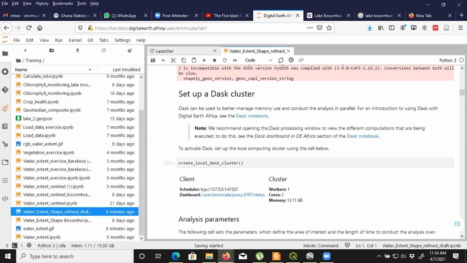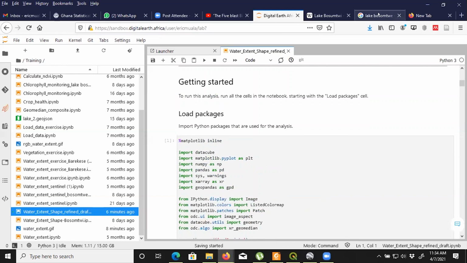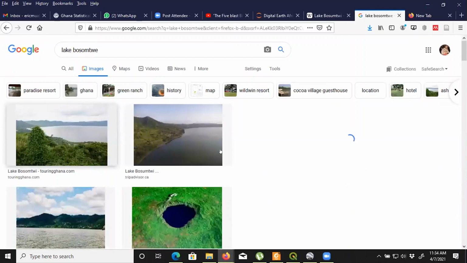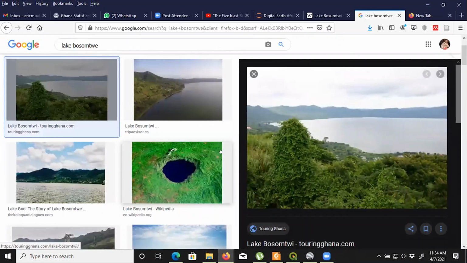Okay, I want to talk briefly about Lake Bosomtwi. This is a lake, and I just want to show you a few pictures about it before showing you the Sandbox. This is one of the natural lakes in Ghana. It has various activities which are undertaken here, and is located in the Ashanti region. This lake is very protected because it's a natural lake, so there have been various programs to ensure that its biodiversity and also the water itself is protected.